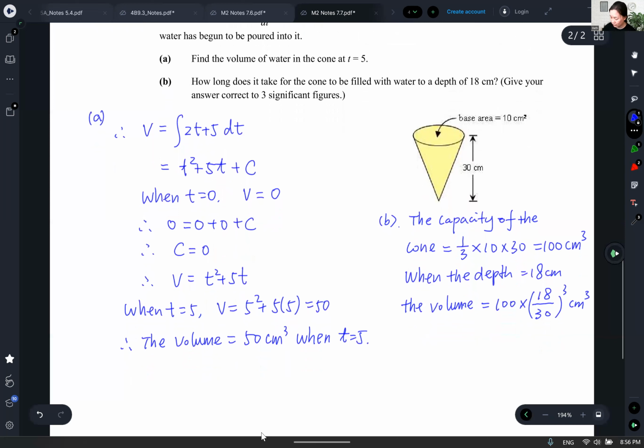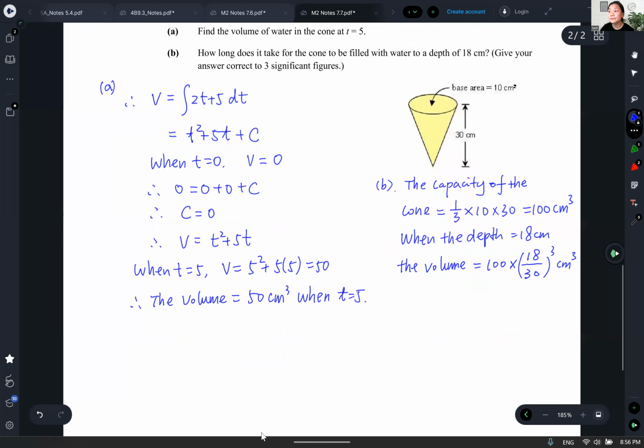Now you can find the volume from the similar figure. So in this case, that is 3/5 cubed.